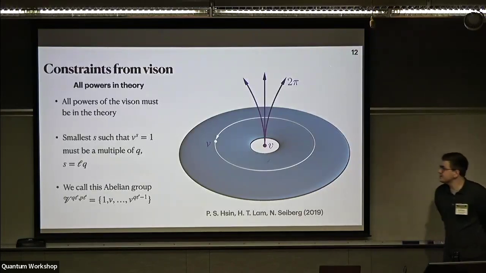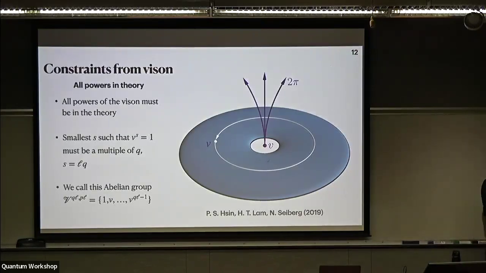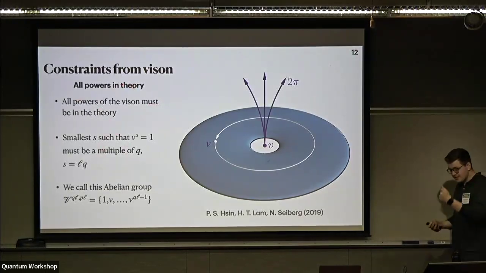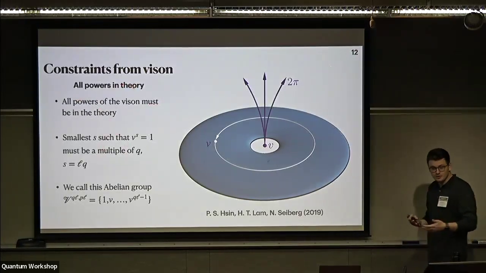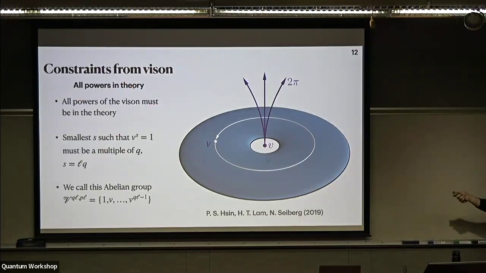And we'd like to get some constraints, get some handle on the possible theories that we get from our consistency machine. So if the vison is in the theory, it is closed under fusion when I do these fusion processes. So all powers of the vison need to be in the theory. So in particular, we can just take powers of the vison until it starts to braid trivially with everything and gets back to 1 in this algebraic theory.